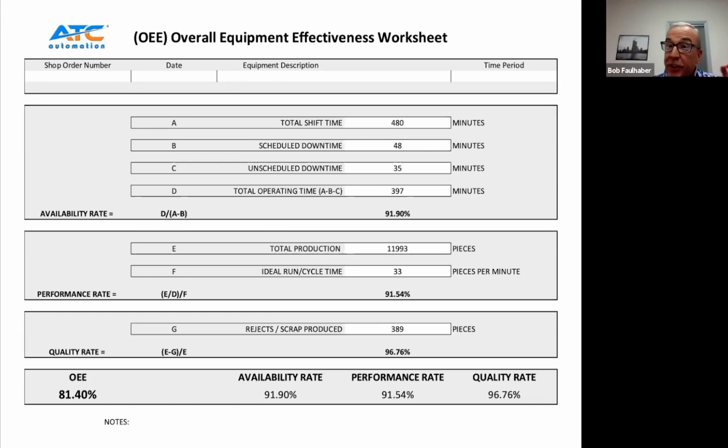They give us discrete performance measures, but they don't necessarily put them together for an OEE. I'd say there's probably a quarter of our customers who don't actually ask or require an OEE. They look at just those discrete measures all by themselves.